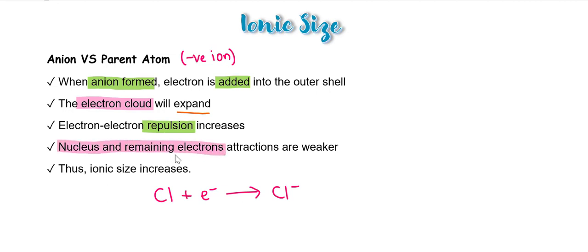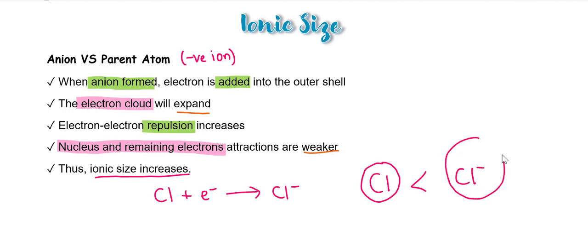Bila itu berlaku, the attraction akan semakin lemah. Thus the ionic size increases. So we can see that the chlorine atom has smaller size than its ion. Cl minus ni size dia lagi besar daripada Cl atom.